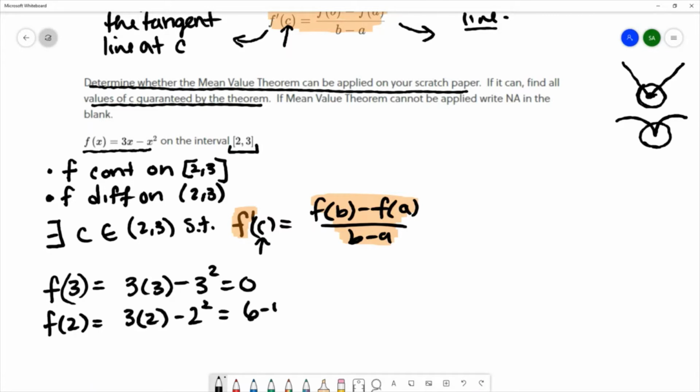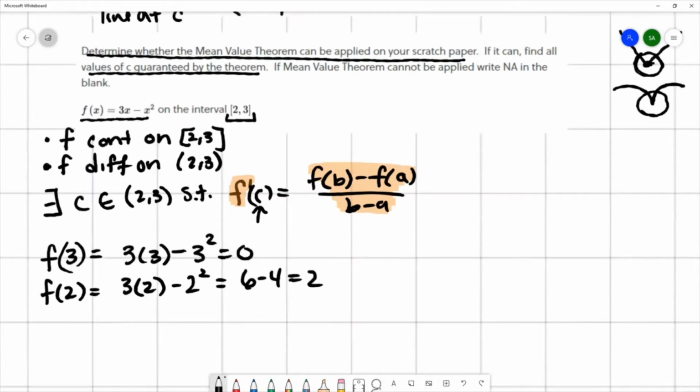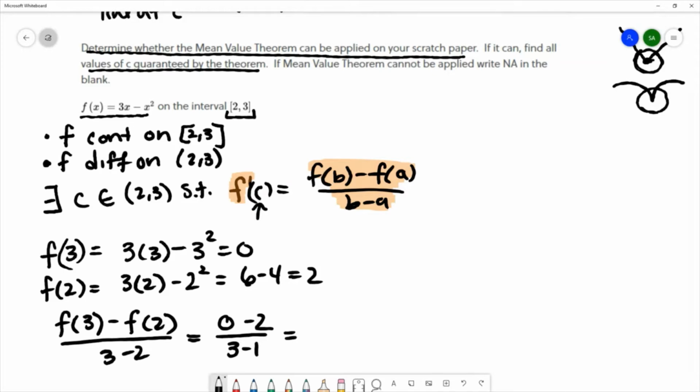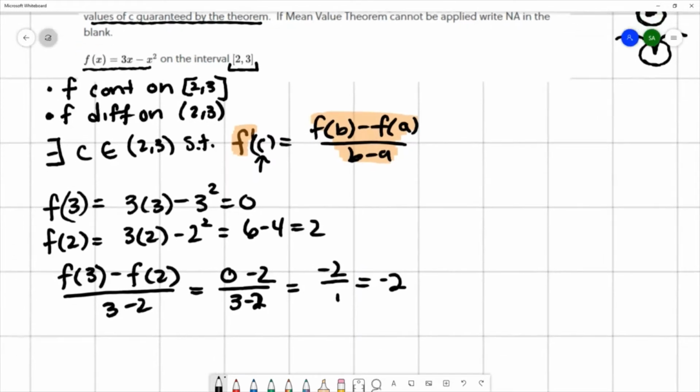That's 6 minus 4, which is 2. So if we're calculating f of 3 minus f of 2 over 3 minus 2, that's 0 minus 2 over 3 minus 2. That's negative 2 over 1, which is negative 2.